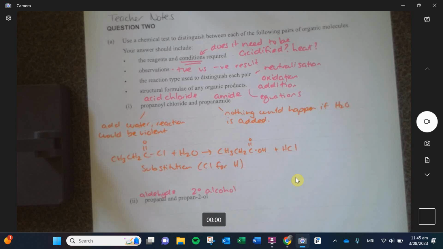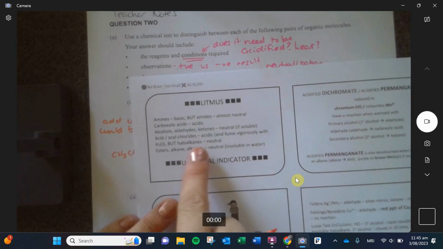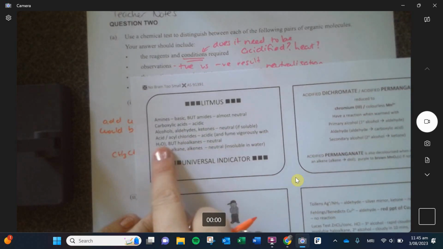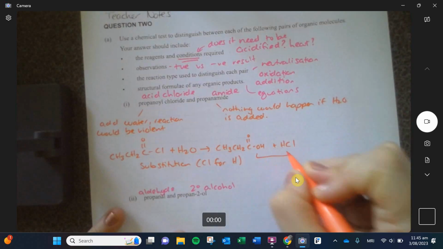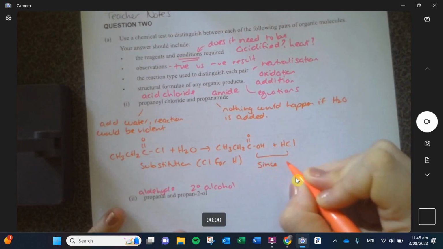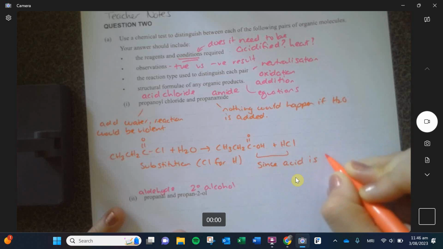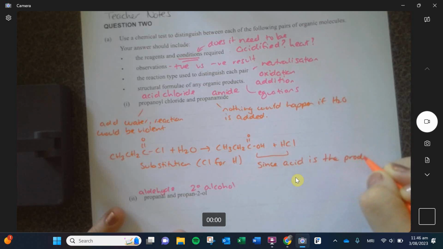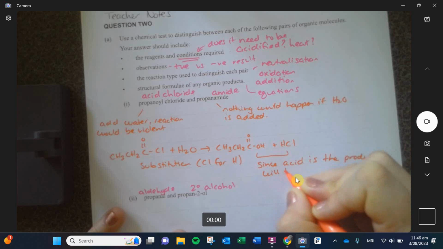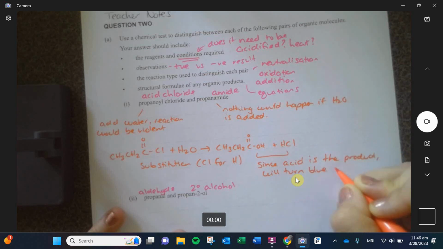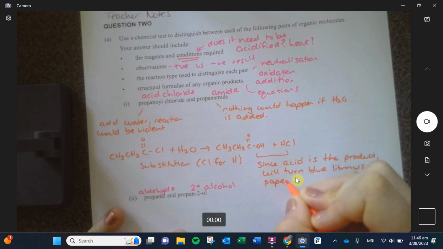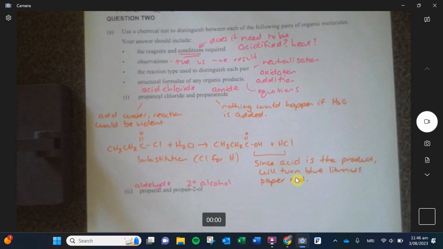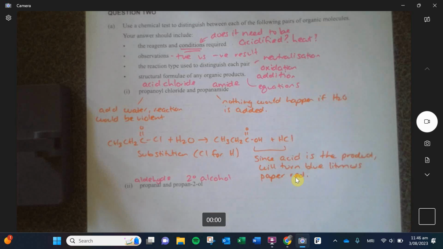And if I wanted to confirm that this is an acid chloride, what I could do is, if it was added to litmus paper, this would turn blue litmus paper red. So that's what I would be looking at for my first reaction.